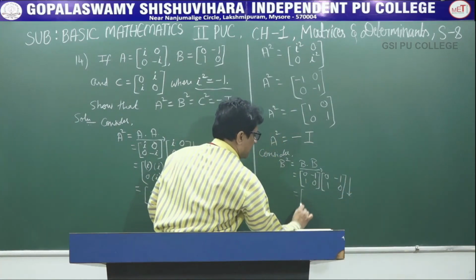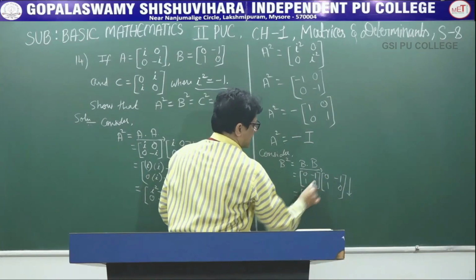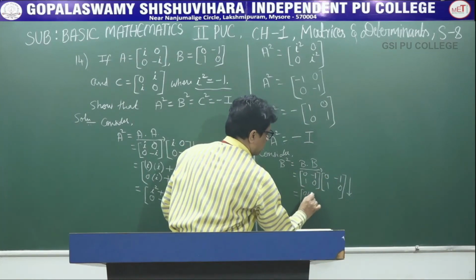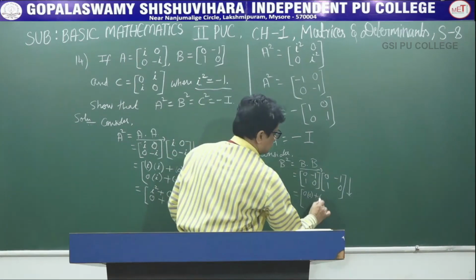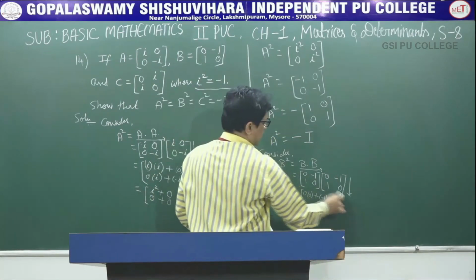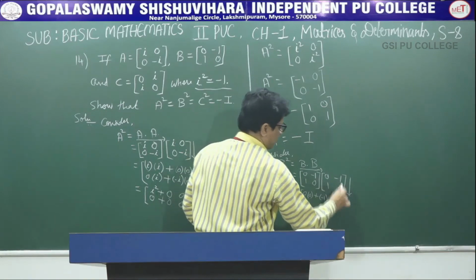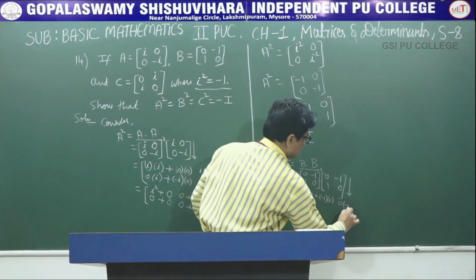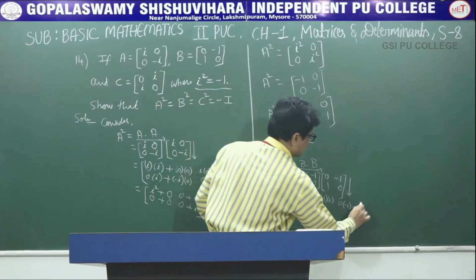So, that will be equal to first row into first column, 0 into 0 plus minus 1 into 1. Next element is first row into second column, 0 into minus 1 plus minus 1 into 0.